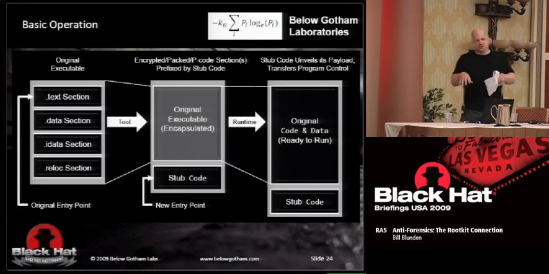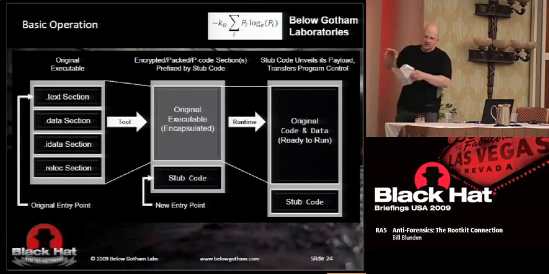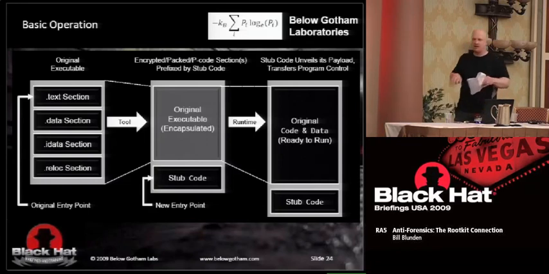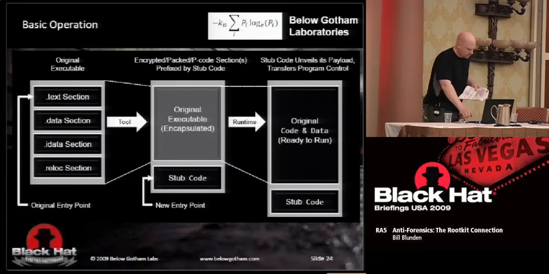With a packed executable, the stub code will decompress. If it's a crypted executable, the stub code will decrypt at runtime. If the original executable has been recast as bytecode, this stub might actually be a virtual machine, in which case it will just execute the bytecode.